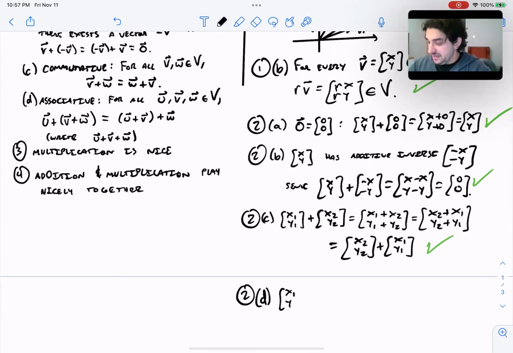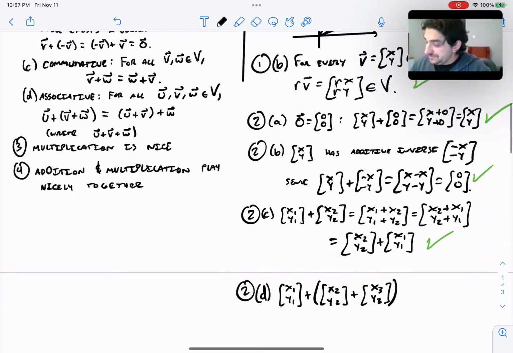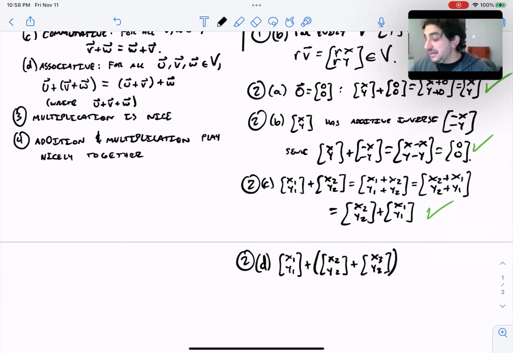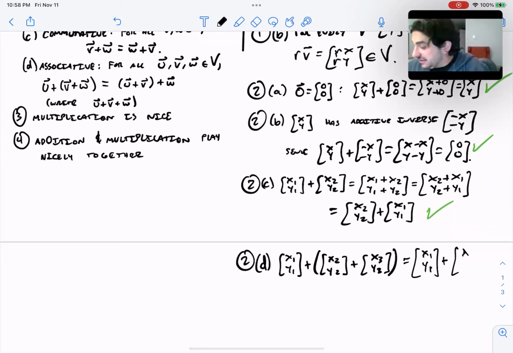If you kind of just piggyback it off the fact that the addition of real numbers is commutative, right? So here you add up three vectors, and first I evaluate the second plus sign, right?